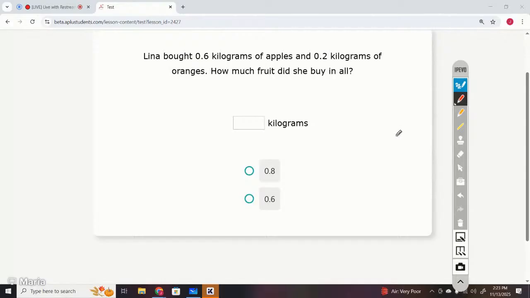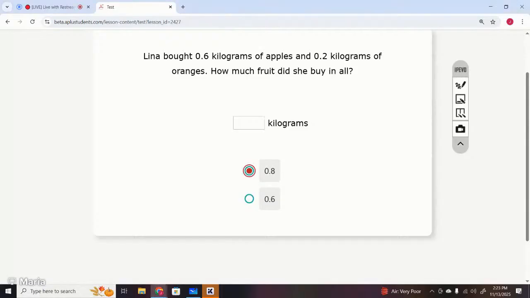So let's just add. 6 plus 2 is 8. So that is 0.8. Option number 1 is the correct option. 0.8 kilograms it is.